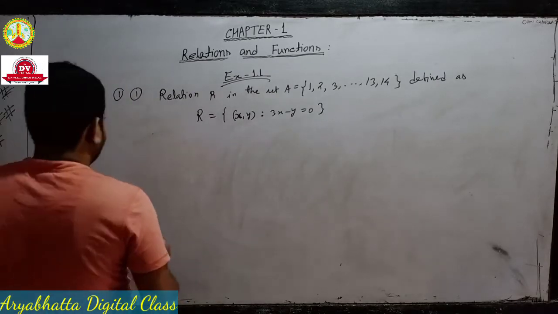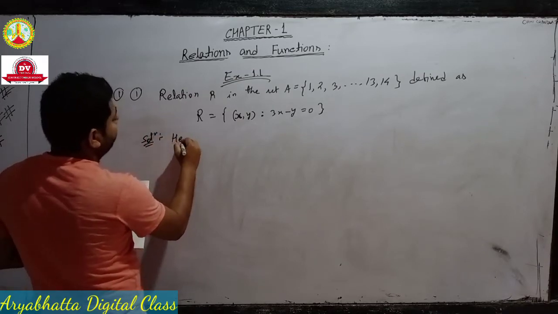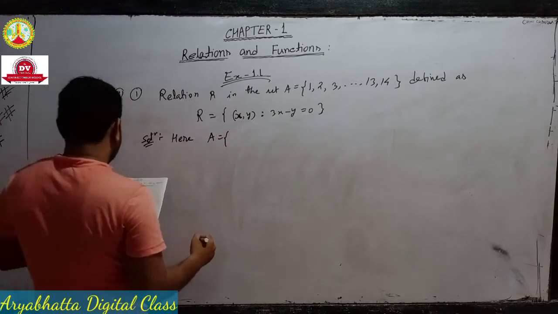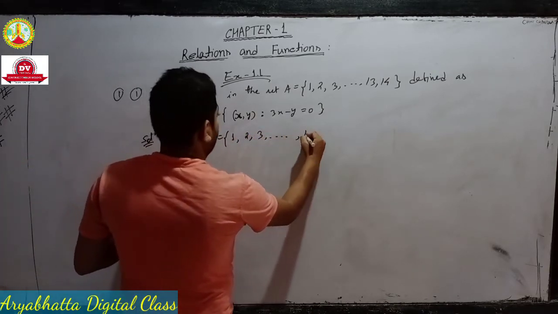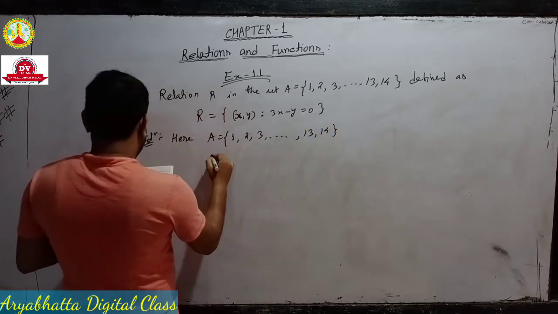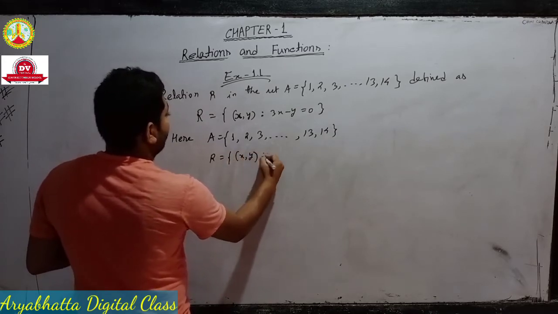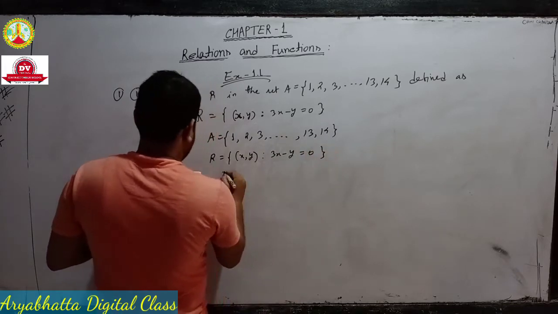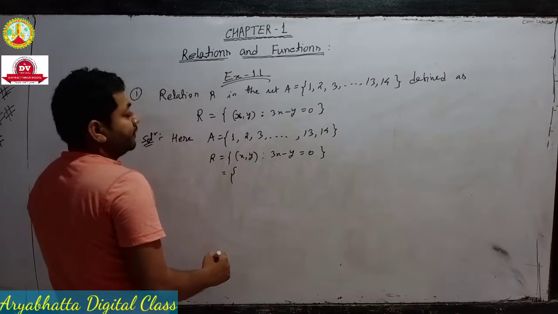Solution. Here A is equal to {1, 2, 3, 13, 14}. R is equal to ordered pairs (x, y) such that 3x minus y is equal to 0.